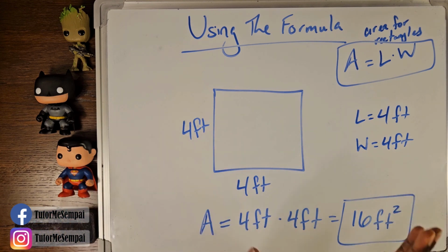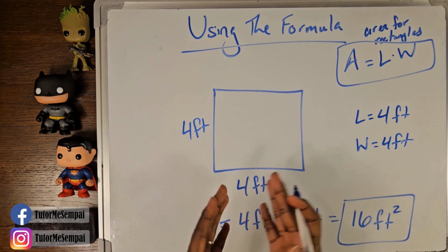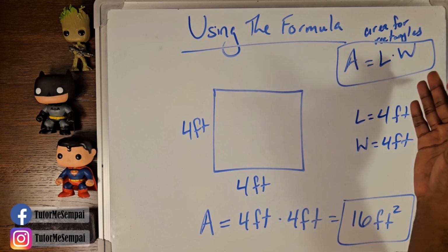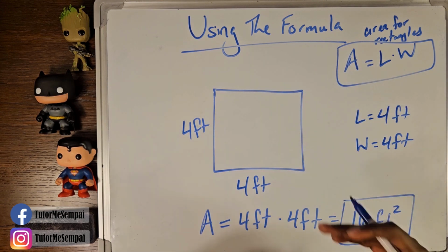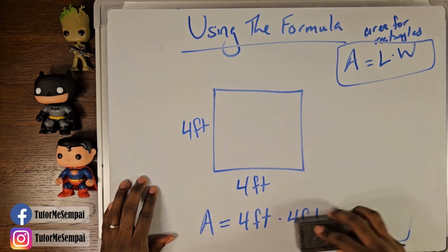However, there is a special formula for squares. And that's because, once again, squares are a special type of rectangle. You don't need to worry about length times width because all the sides are the same. So we have a formula that takes advantage of that.